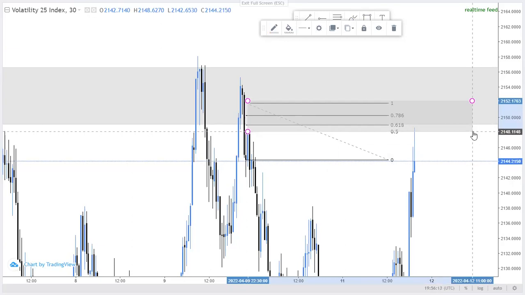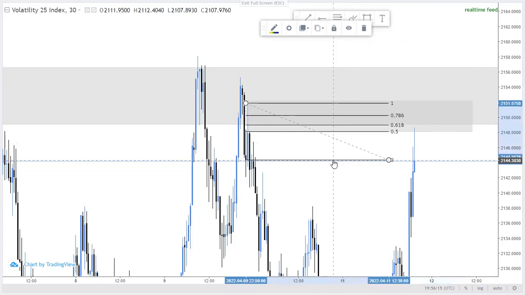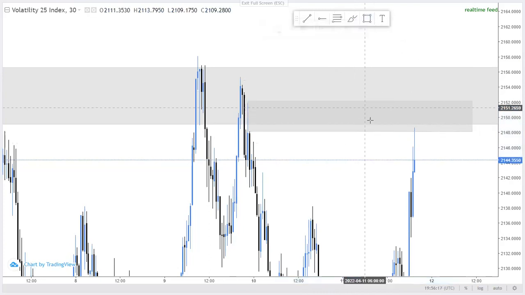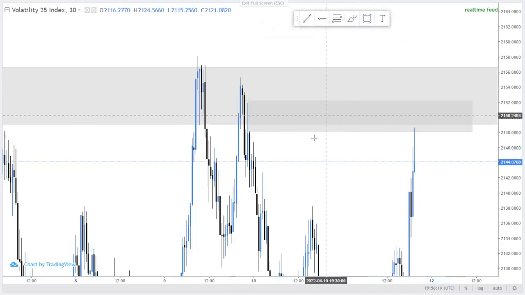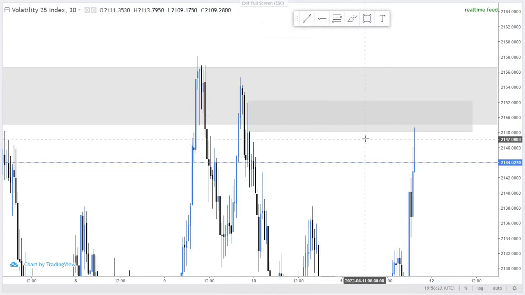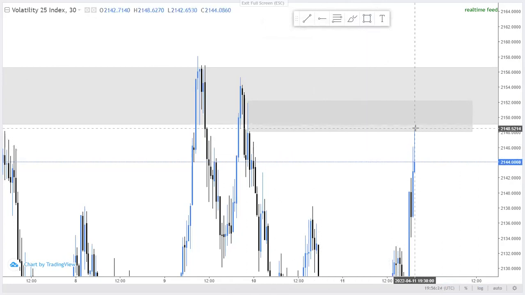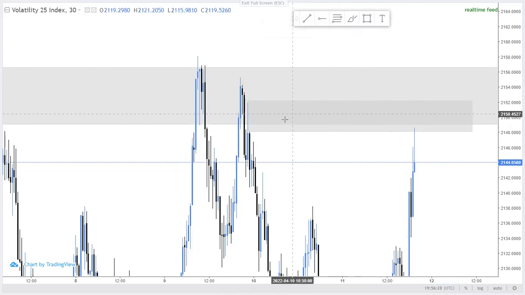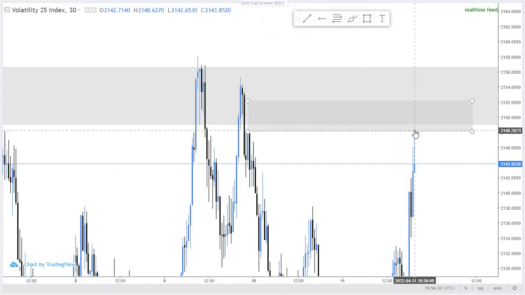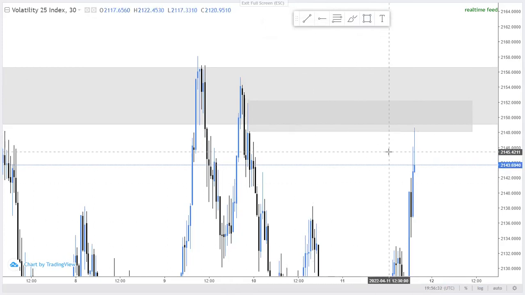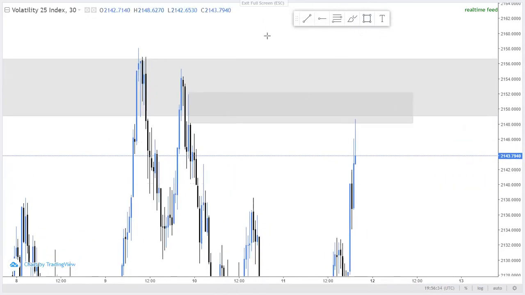This is not anything that I would force anyone to do, but for me, my reasons are just to minimize my stops. So whenever price is into my order block, I would like it to punch into anything above 50% of that order block, and then that's where I will take my trade. So our trade would be something like this. We're actually supposed to take the trade here, and then we're going down.